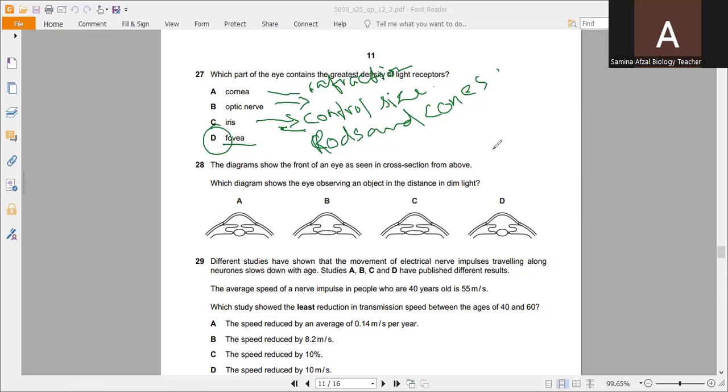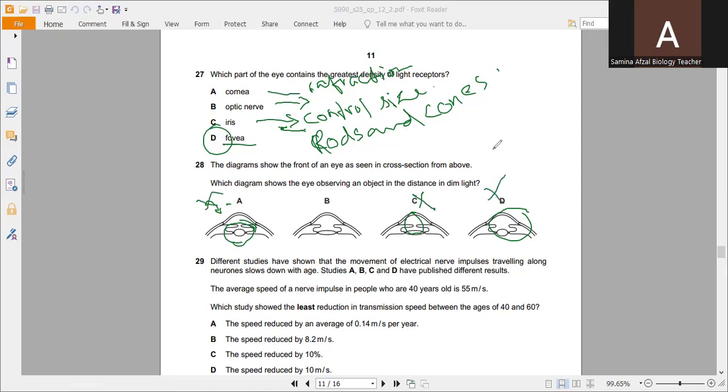According to this observation, in A the lens is very round, and in that case the eye is observing an object which is very close. D is also just like this. In C and D the lenses are very thin, but in C you can see the pupil distance is very small, so this is not the correct option.